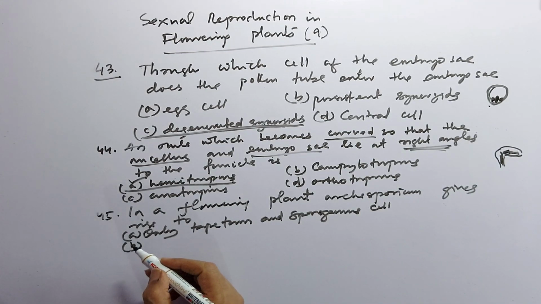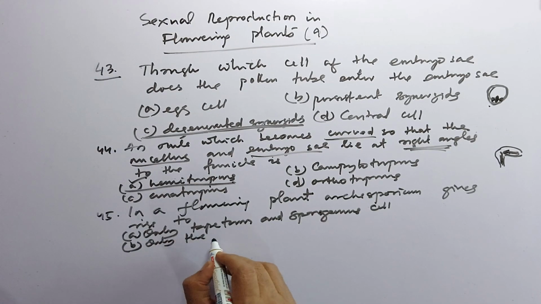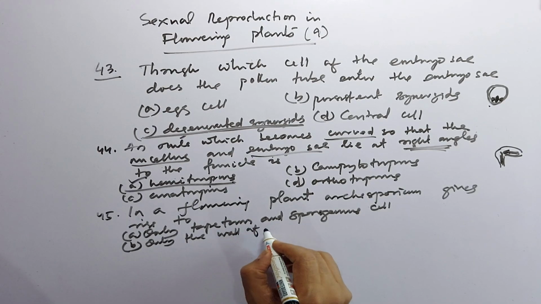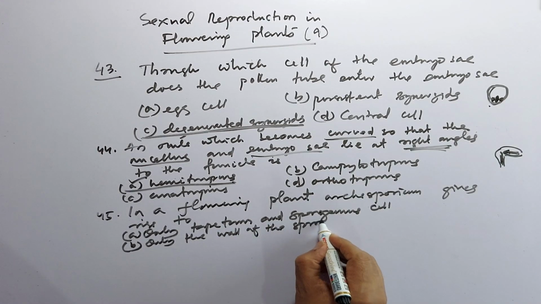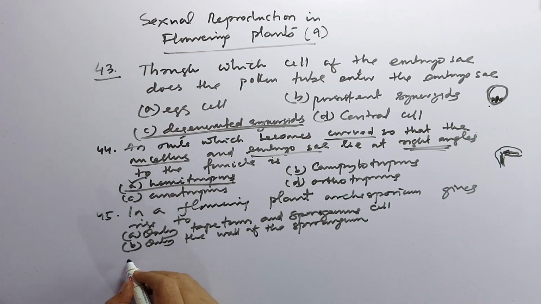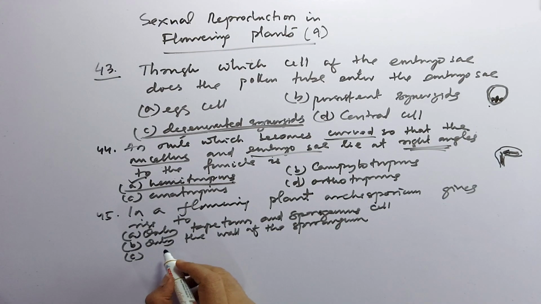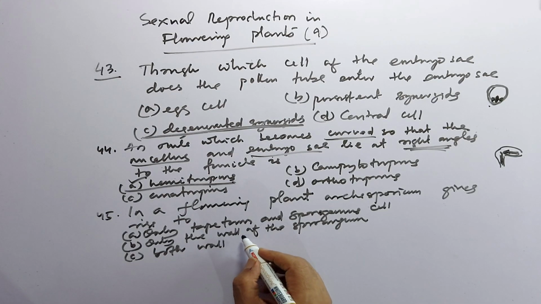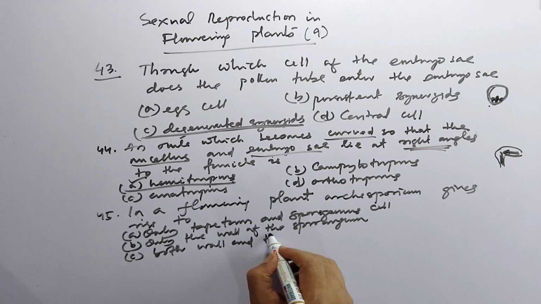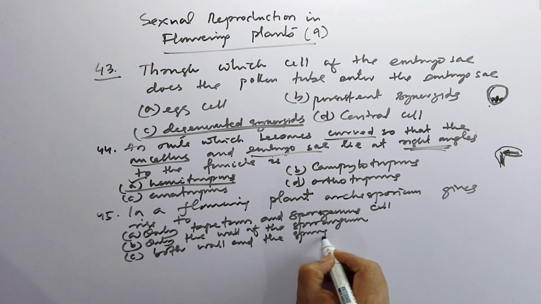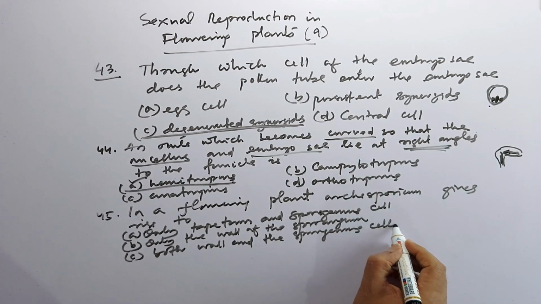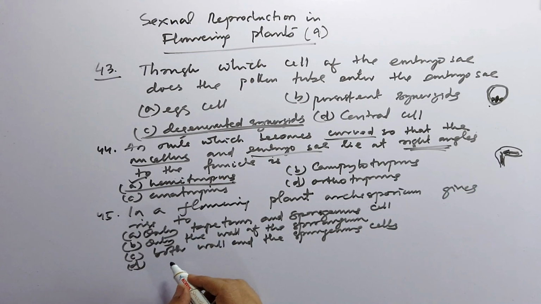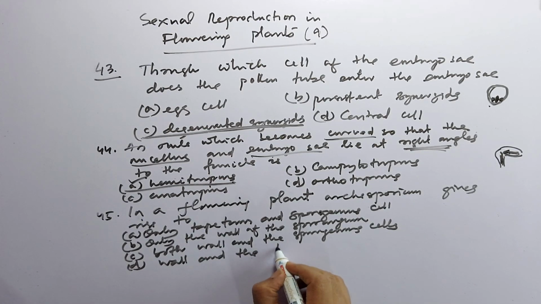B option, only the wall of the sporangium. Then C option, both wall and the sporogenous cells, and D option, wall and the tapetum.